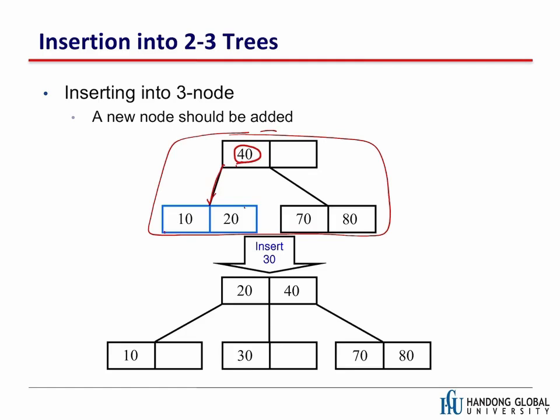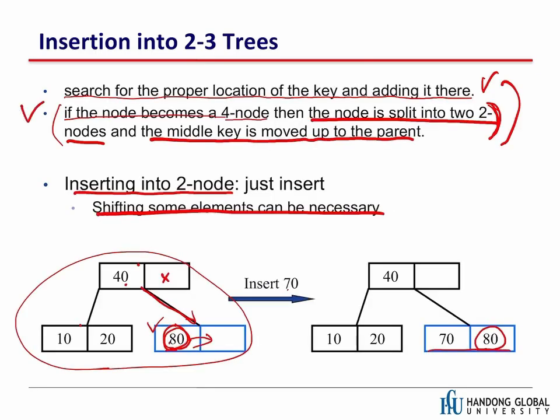Then we want to insert 30 here. Now this is a 4 node temporarily, and we don't accept 4 nodes in 2-3 trees, and then we have to deal with these situations.